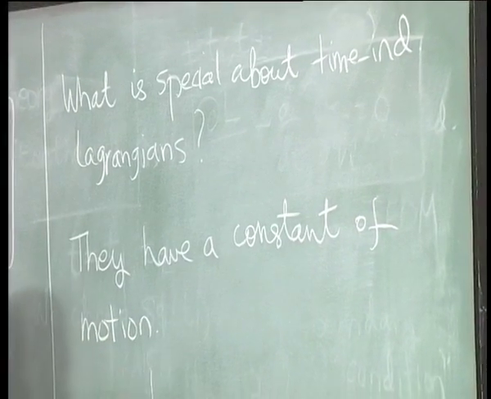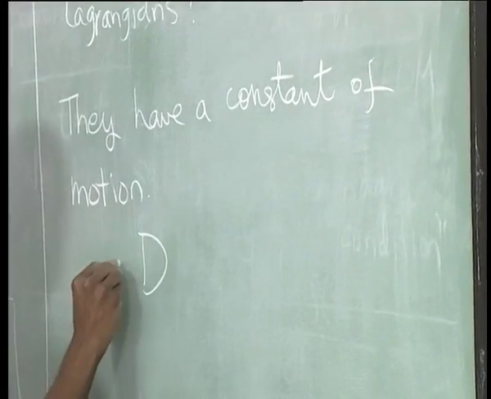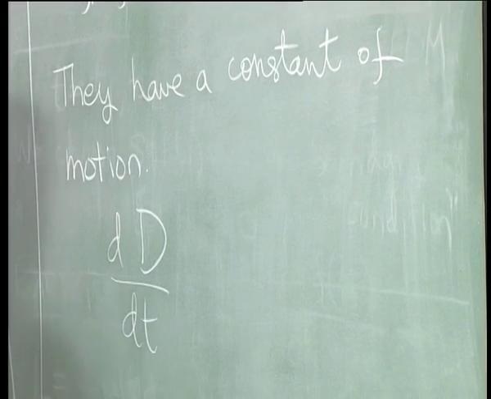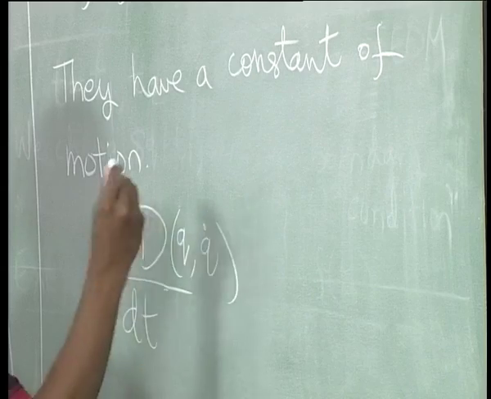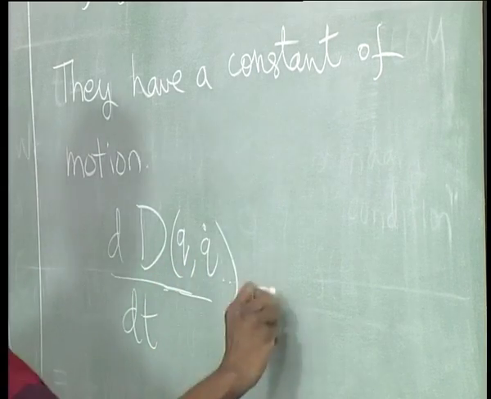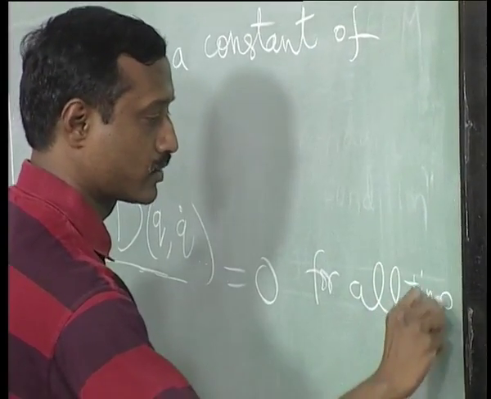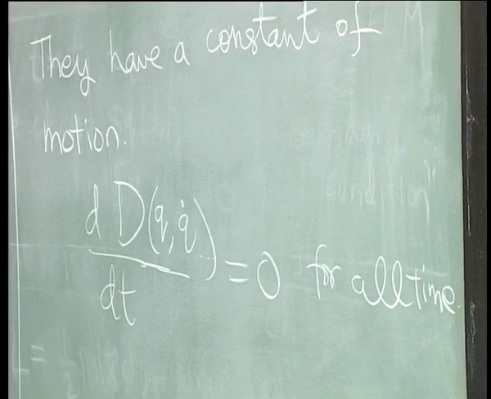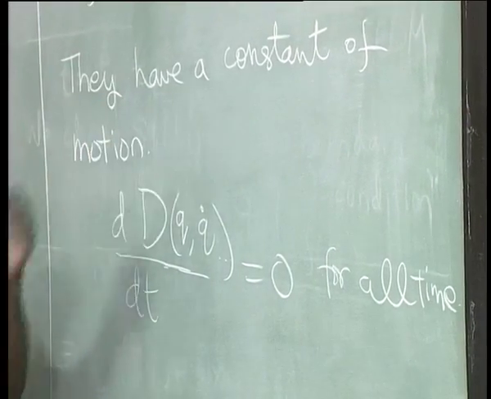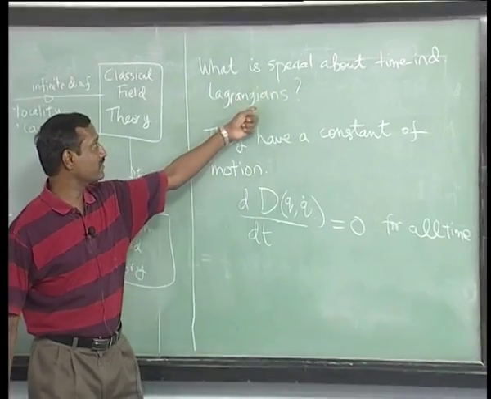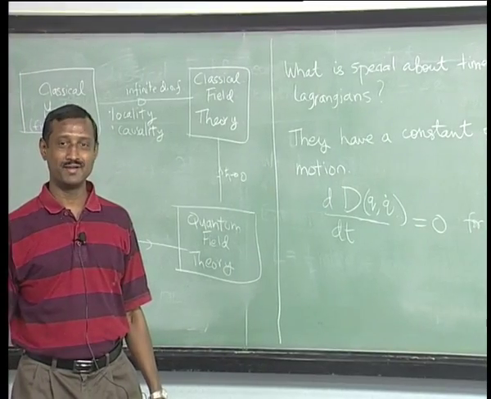That means let D be some quantity, its derivative is some function of q, q dot or whatever, which is 0 for all time. So, let me ask again, what is the constant of motion? What would you call something which does not change with the trajectory, when the Lagrangian is time independent, has no explicit time dependence?